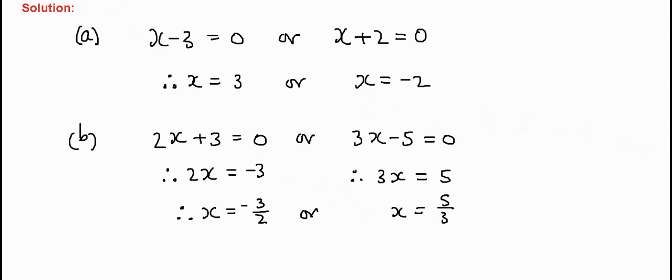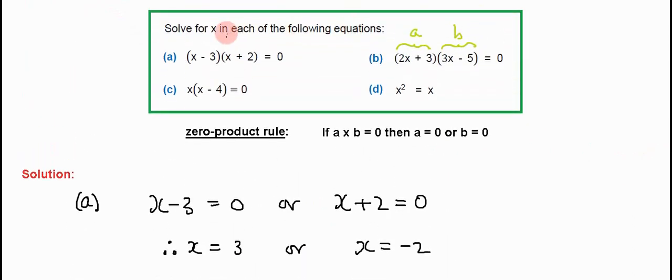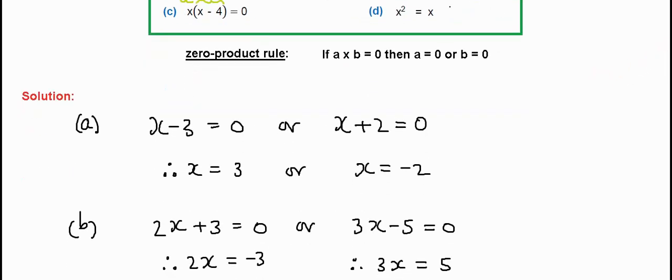Then looking at c, we have x times x minus 4 equals 0. We don't have brackets around the x, but here the x will represent a, and the x minus 4 will represent b. So a times b is equal to 0. That means either a is 0, in other words, either x is going to be 0, or b is 0.